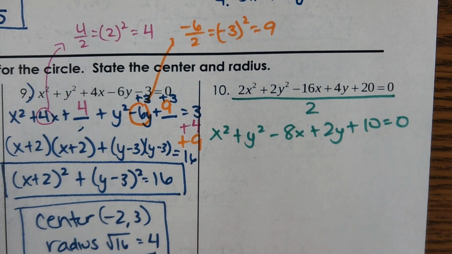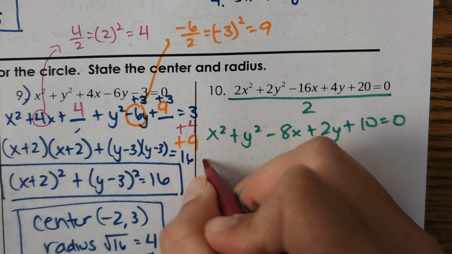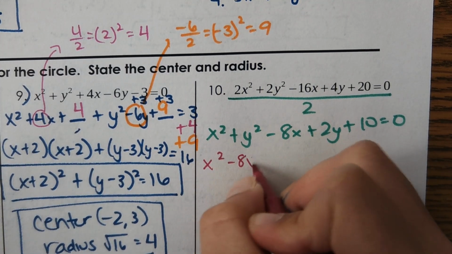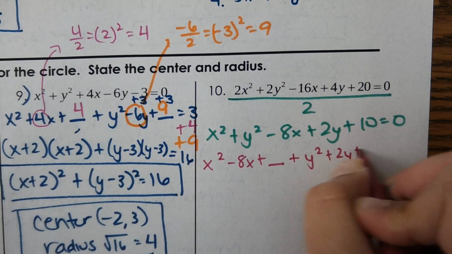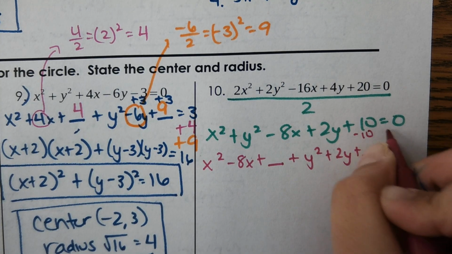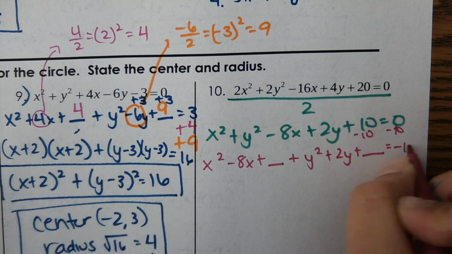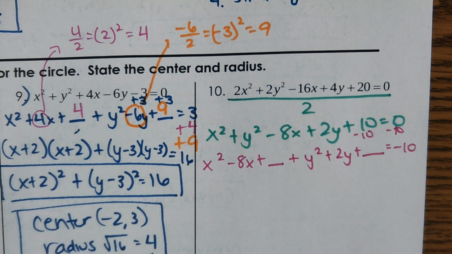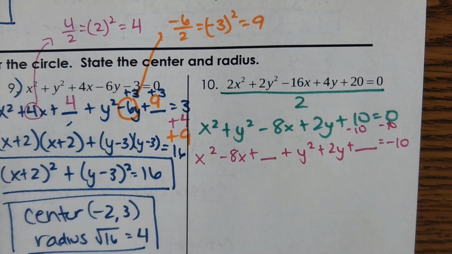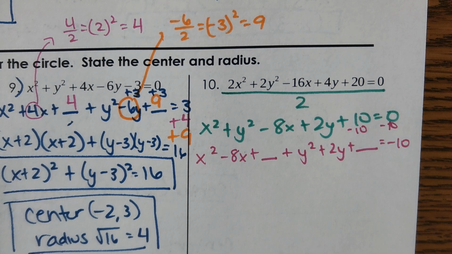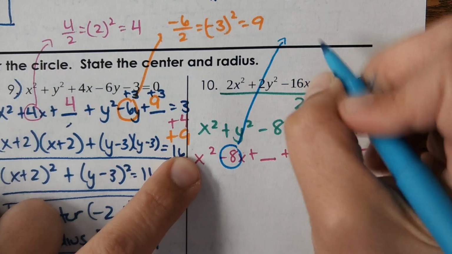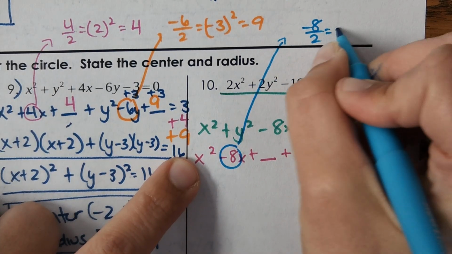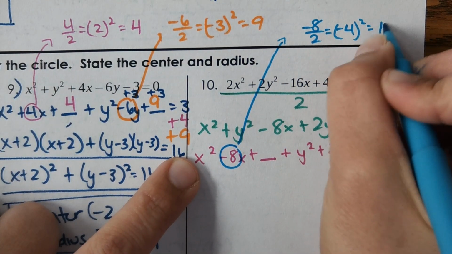Then we group it. X's with the x's, x squared minus 8x plus blank, y squared plus 2y plus blank, subtract 10. Then this -8, -8 divided by 2, -4 squared equals 16.